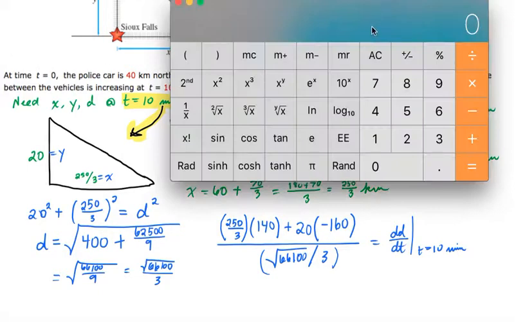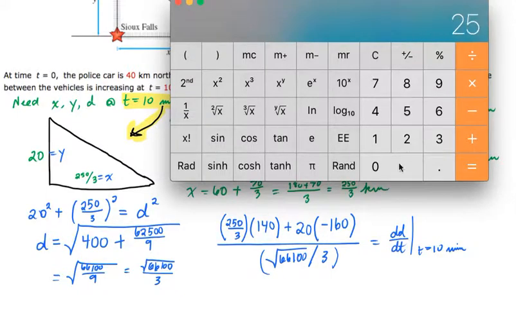Okay, so in my numerator I've got 250. Actually, I'm going to do this part first. Let's do 20 times 160 to get 3,200. So I'm going to do this minus 3,200.